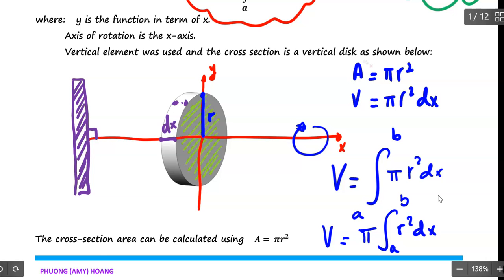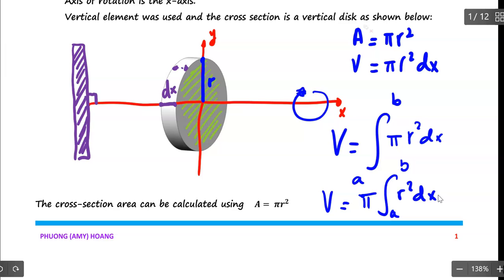Alright, so then what is r? Do you see that r is right on the y-axis? So I'm going to write it as V equals pi, integral from a to b, of y squared dx.